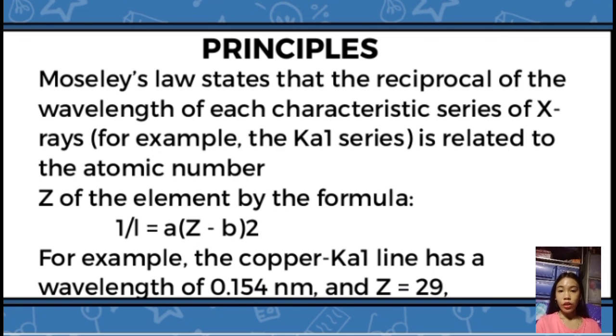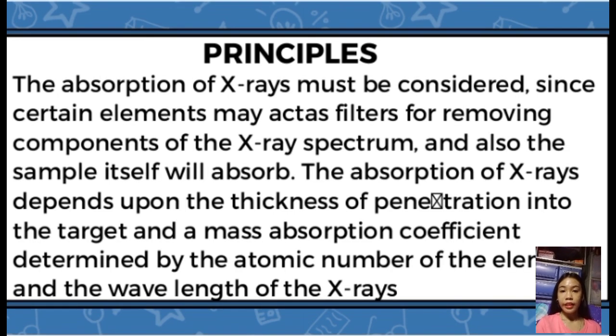The research on the absorption of X-rays highlights several key findings. First is elemental filtering. Certain elements can act as filters that selectively remove specific components of the X-ray spectrum, impacting the analysis and interpretation of X-ray data. Next is sample absorption.